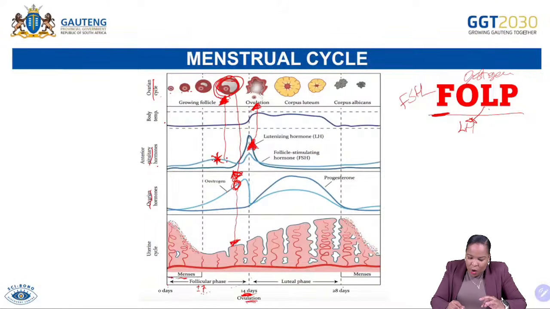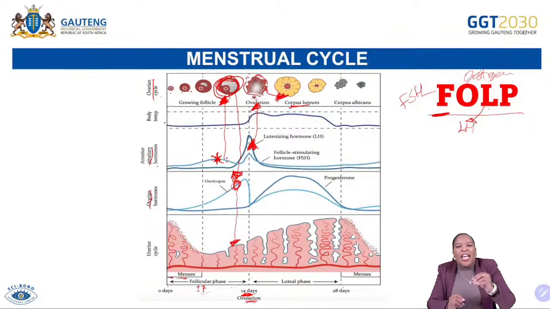Right, let us check. Once this ovum is released, and LH was released, then this Graafian follicle that was ruptured is going to form what we call a yellow body, which is the corpus luteum. This also happens under the influence of LH.